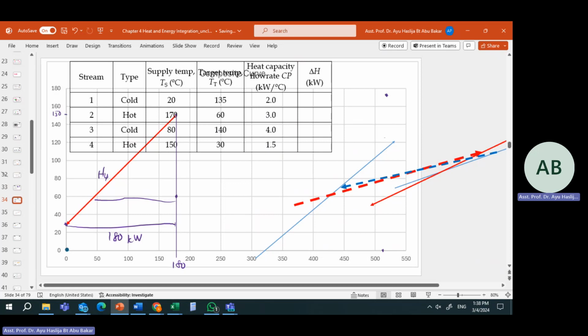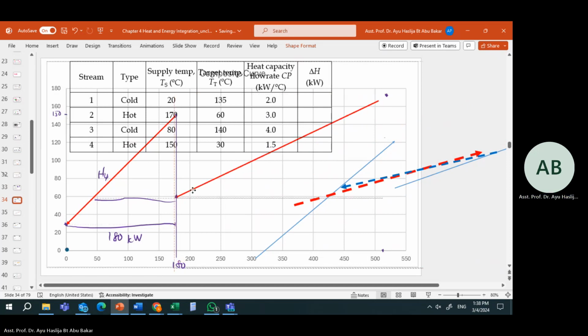Okay, drag from these 2 points. T target is 60, T supply is 170. Hot. So I drag this, hot. 510. So this is H2.